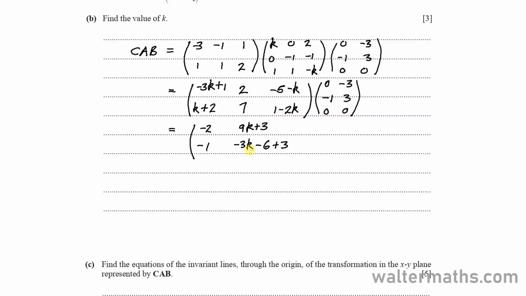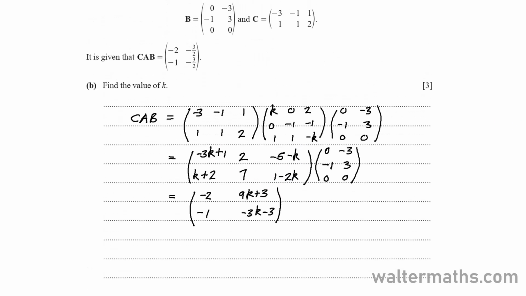So minus 3k minus 6 plus 3 is minus 3k minus 3. Now, according to the question, CAB is equal to this 2 by 2 matrix. So I'm going to say it's equal to the matrix with elements minus 2, minus 3 over 2, minus 1, and minus 3 over 2.